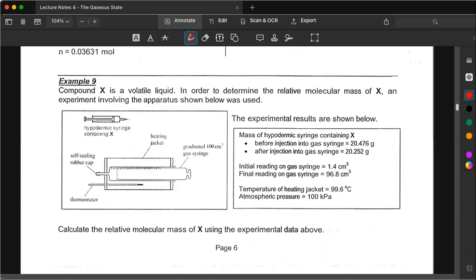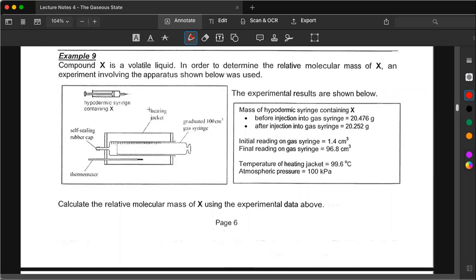After injection into the gas syringe, the mass was 20.252. So there was a loss of mass because the X was released. The initial reading was found to be 1.4. Final reading is 96.8. So the difference in the volume will give you the volume of the gas. The temperature of the heating jacket was 99.6 degrees Celsius and the atmospheric pressure 100 kilopascal.